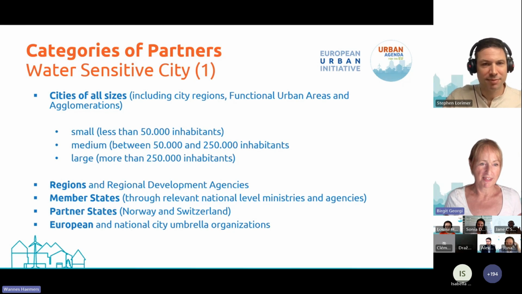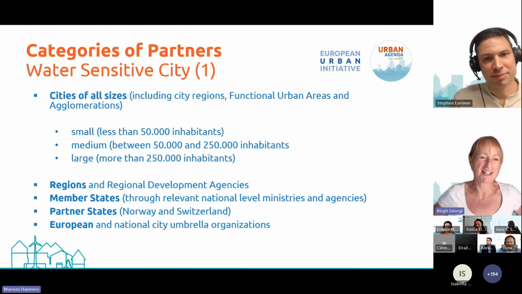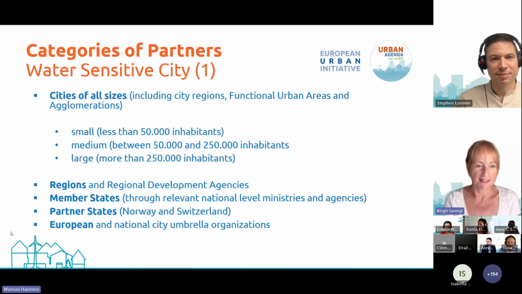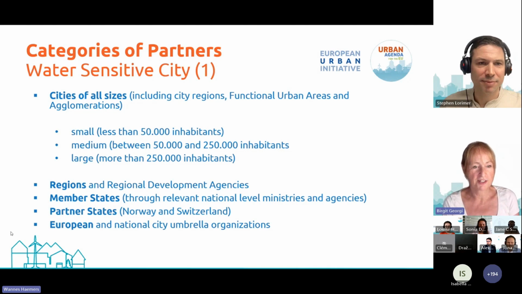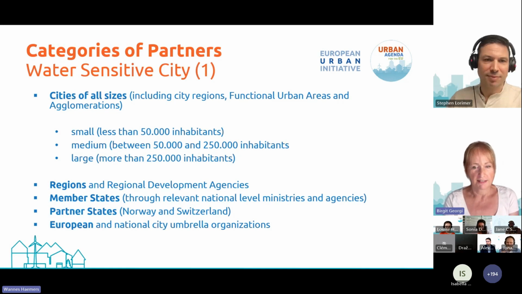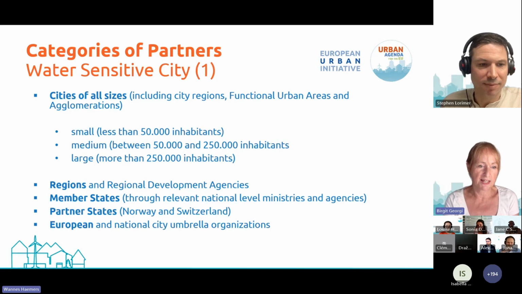So there we are very keen to have not as many as possible, but a huge bunch of cities in this partnership, and there should be at least one small size and one medium size in it. Then beyond that, also regions and regional development agencies could become members, and member states through their relevant national level ministries and agencies. Could it be on urban or on water or environment? It really depends on the member states, but the same holds for the partner states, Norway and Switzerland.